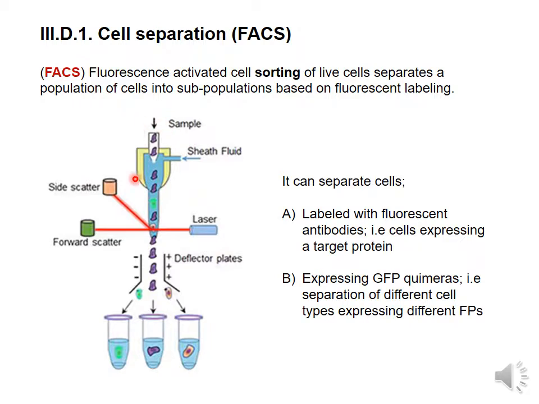This technique uses a sophisticated piece of equipment that can separate cells labeled with fluorescent antibodies, for example, cells that are expressing a specific target, or cells that express GFP chimeras, separating different types of cells expressing different fluorescent proteins.